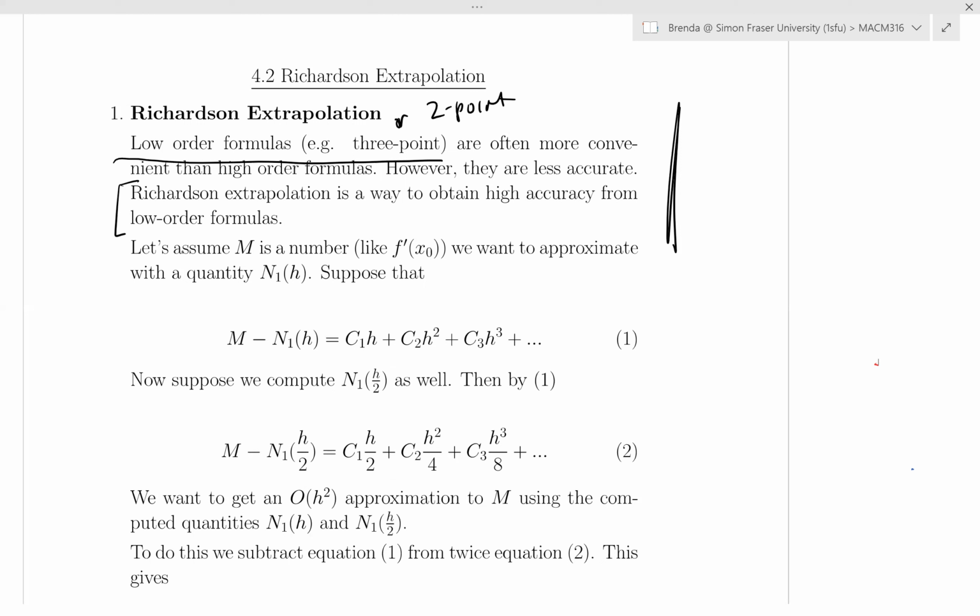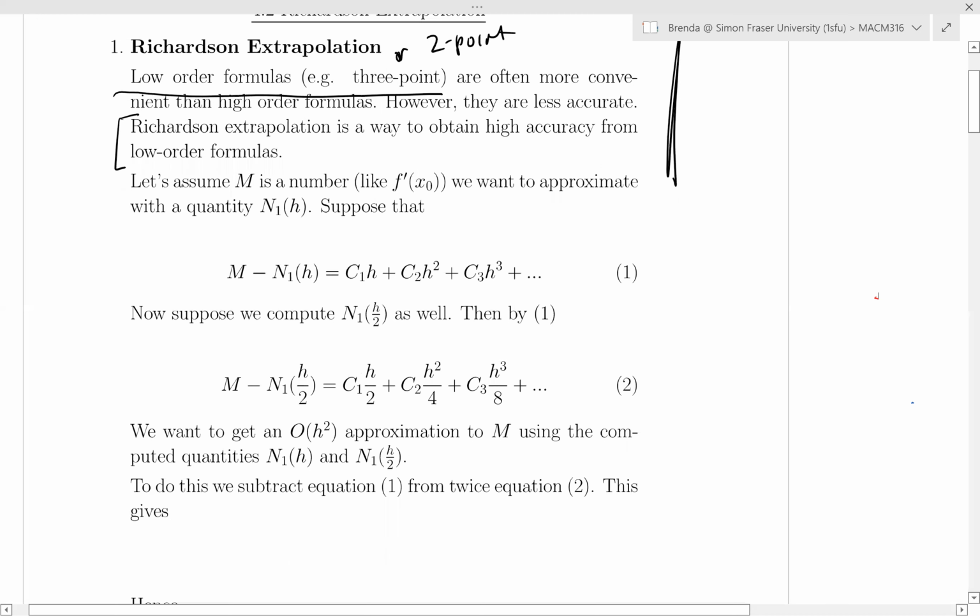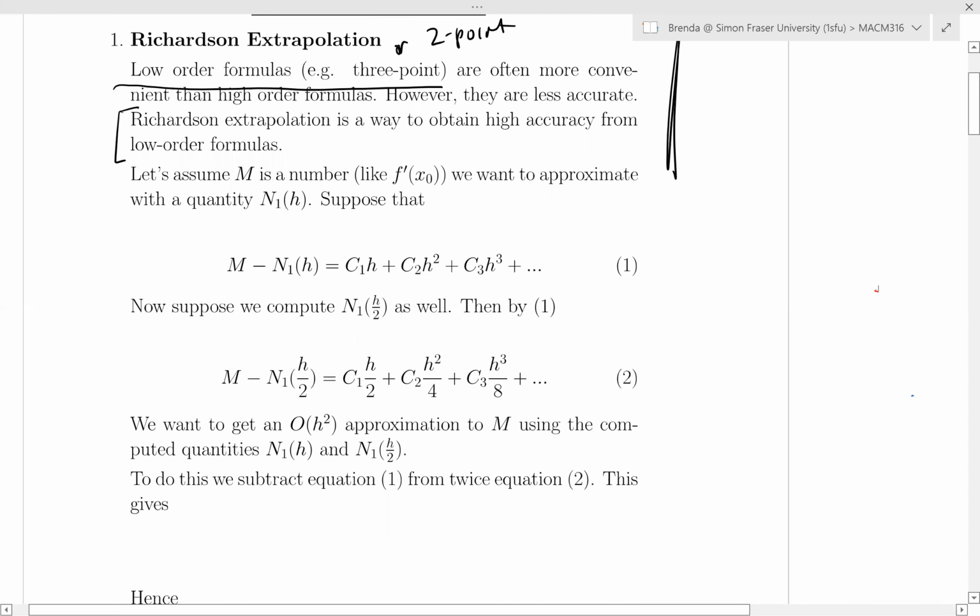It's quite cool. So we're going to assume that we have some number, M, that we want to approximate. We could be just thinking of this as maybe our approximation for the derivative. And we're going to approximate it with some other quantity, which is a function of h, N1 of h. That is a step size.